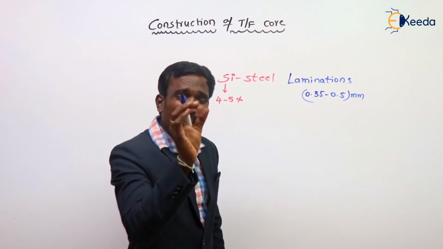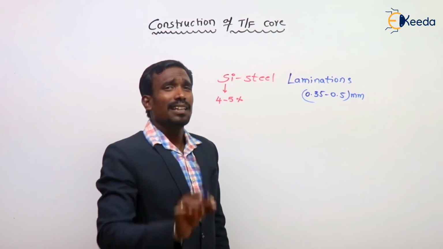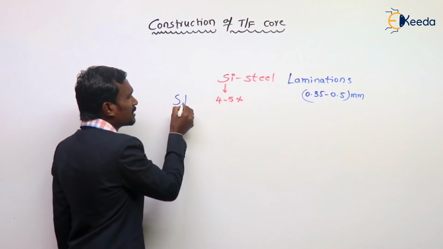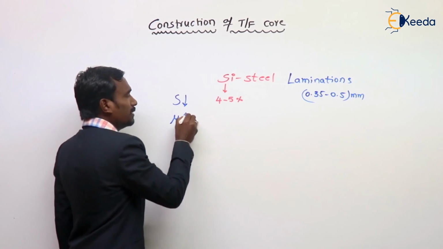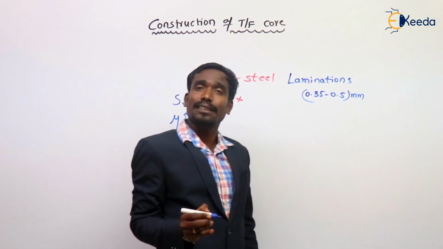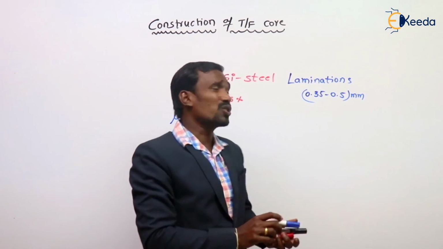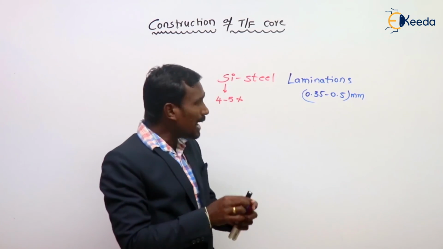Another main important thing is that the transformer core should provide low reluctance and high permeability. So what can I do to get this?